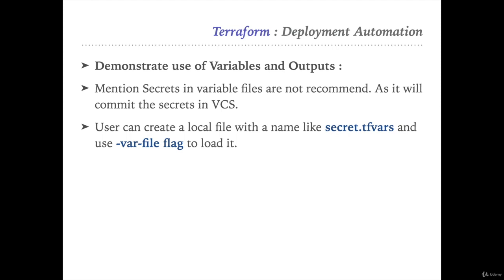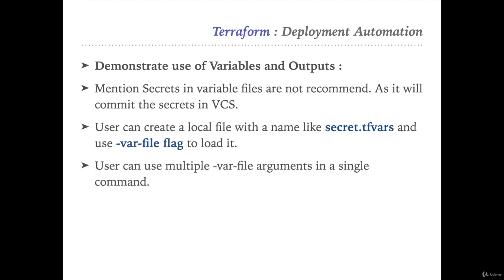It will read most of the variables from your VCS system, from your variable files, but it will read the secret from the defined secret tfvars file, right? This way, you are keeping your secret to yourself. You are not going to share the secret on the version control system or inside the variables. You just create a simple file that will contain your secret, and you can use that file with the help of the -var-file flag, and it will act like a variable for Terraform.